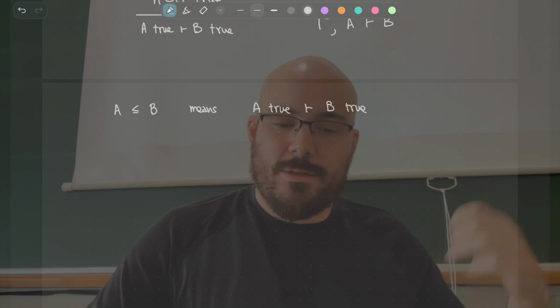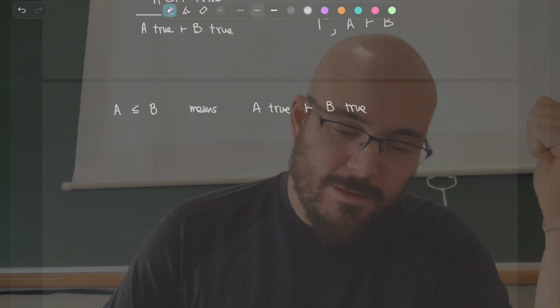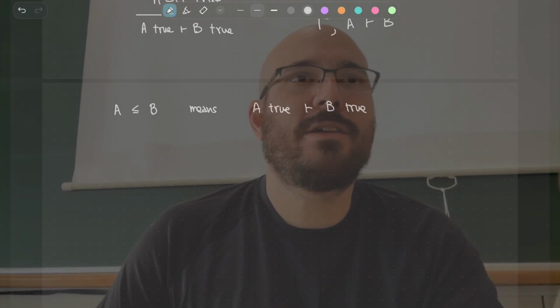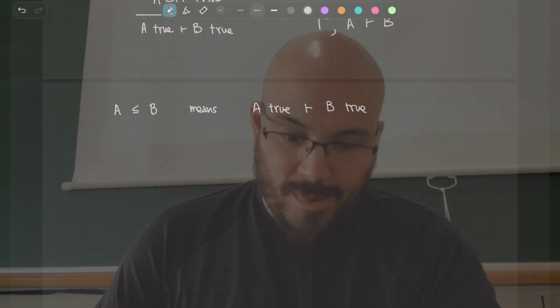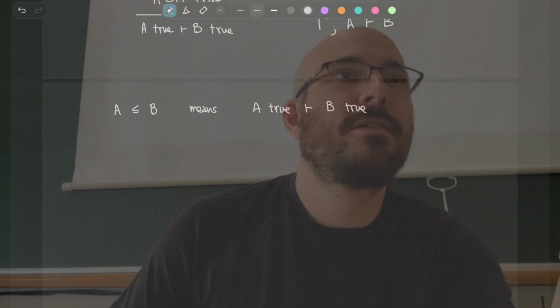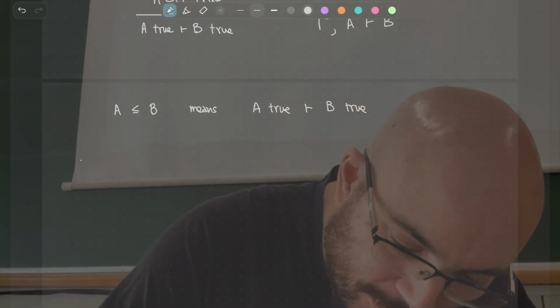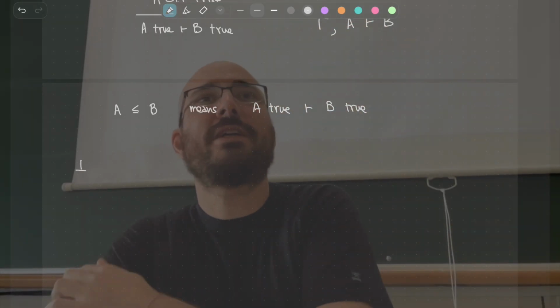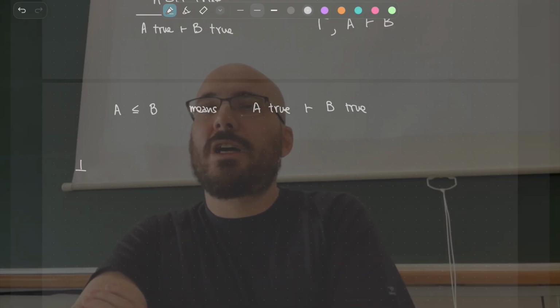Okay, so I have a proset here. Do I have initial and terminal elements, and what are they? Yes, for initial, bottom, yes. And for terminal? Do I have a terminal object?